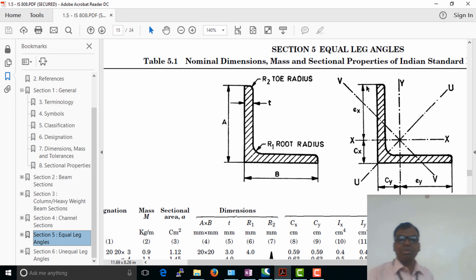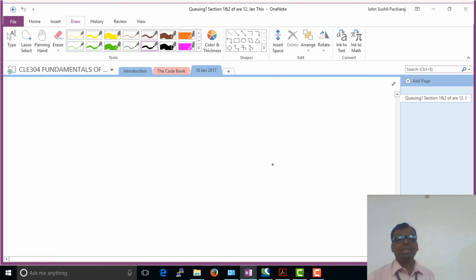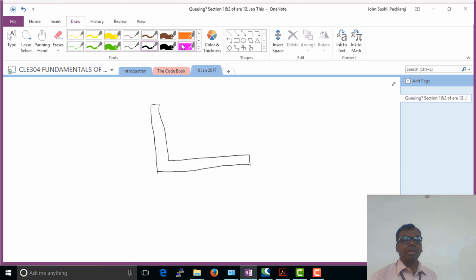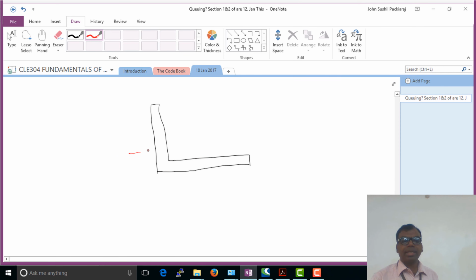In addition to that, you've got the u-axis and the v-axis. Now what are the u-axis and the v-axis? These are the principal axis. So now I am having the x-axis and the y-axis. What is the centroidal axis?